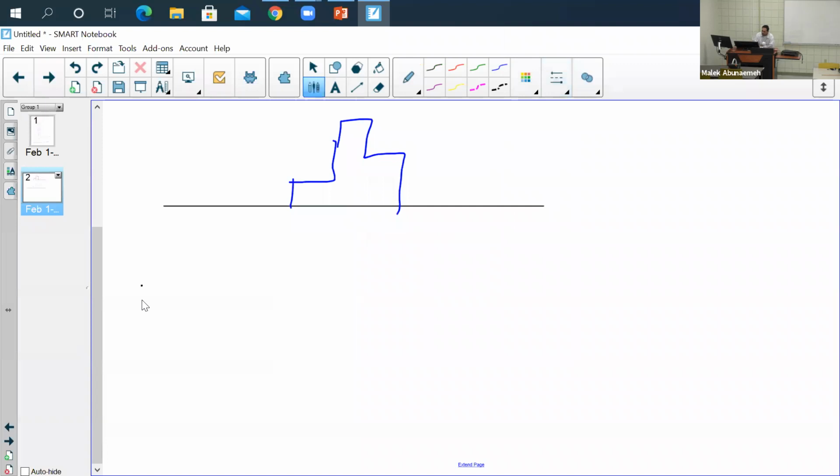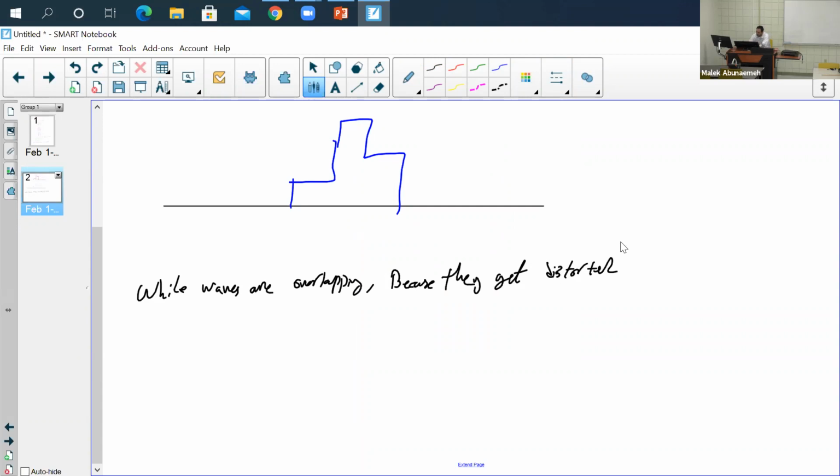While the waves overlap, they get distorted because the total wave will be the sum of the two waves.